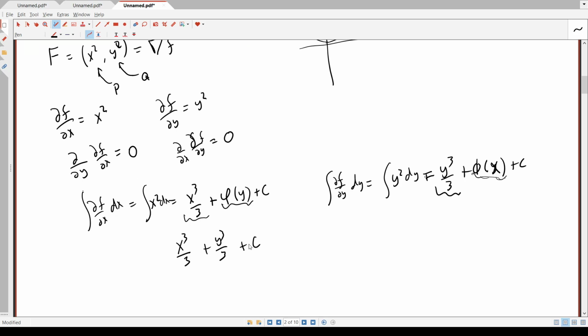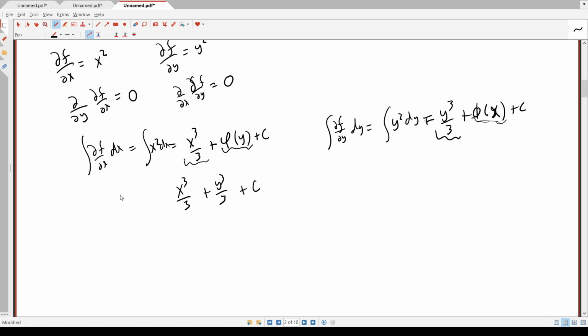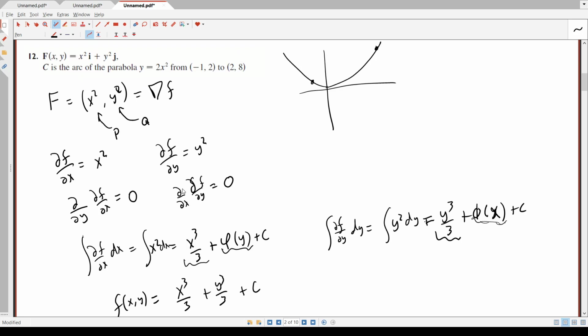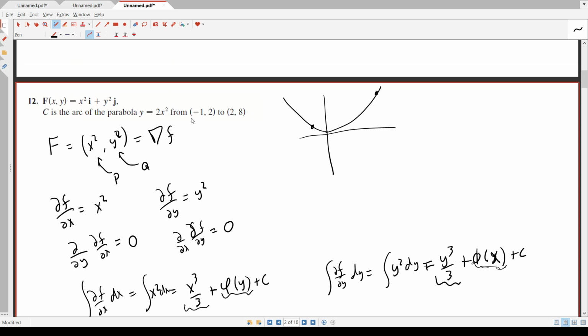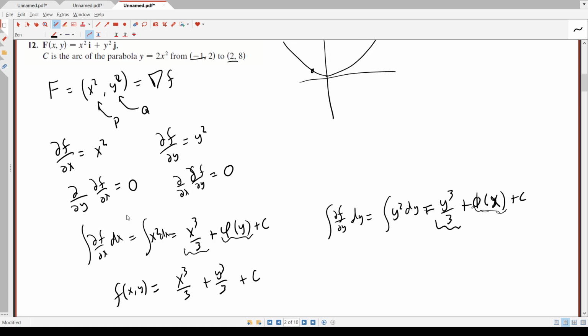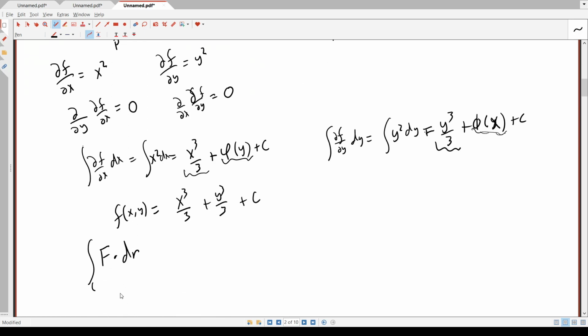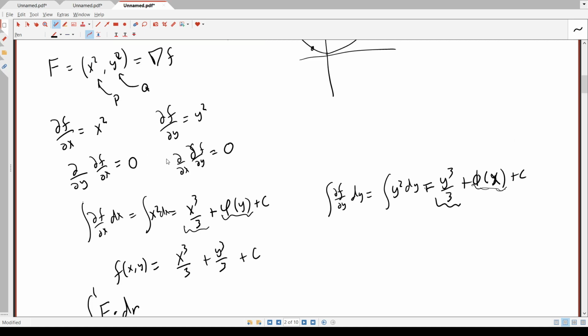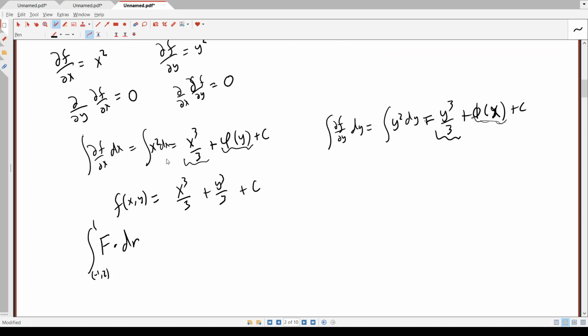Okay, so now I know that this is my f of x and y, and I want to integrate it from here to here. So I just need to evaluate the integral of f dot dr from the point negative 1, 2, all the way up to 2, 8.